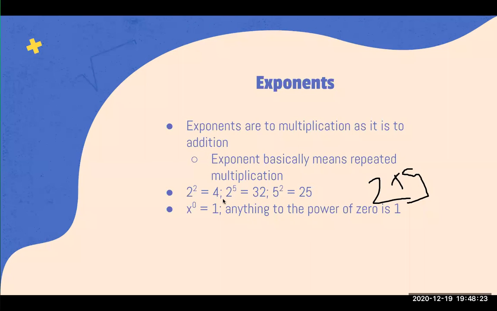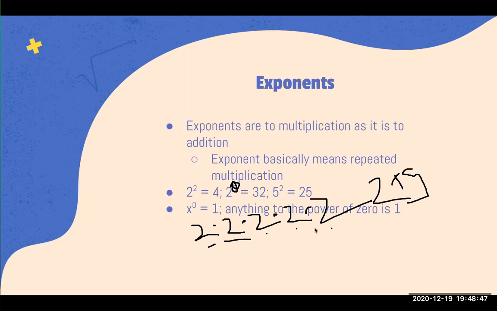This is actually 2 to the power of 5, which basically means 2 times 2 times 2 times 2 times 2. As you can see, this is 5 times: 1, 2, 3, 4, 5. That's why there's 5 over here.